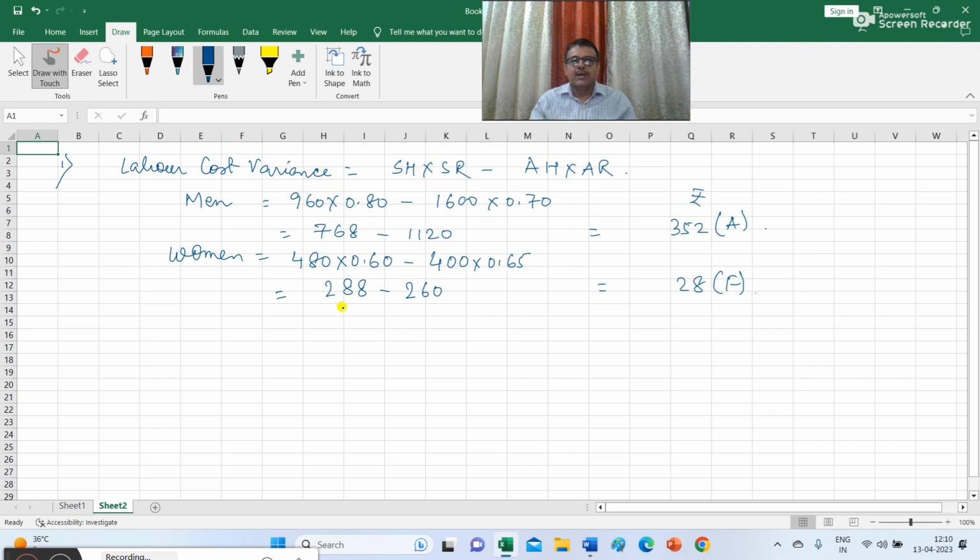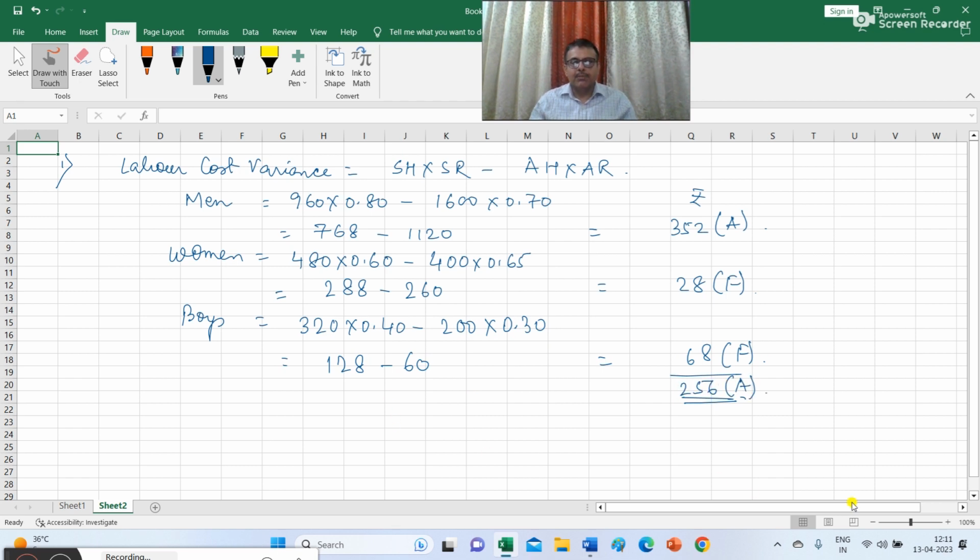Because your standard hour cost is more than the actuals, so it is favorable. And for boys, this will be 320 multiply this with 40 paise, minus 200, and the actual rate is 30 paise. So 128 minus 60 is 68 favorable. So total labor cost variance is 256 adverse.